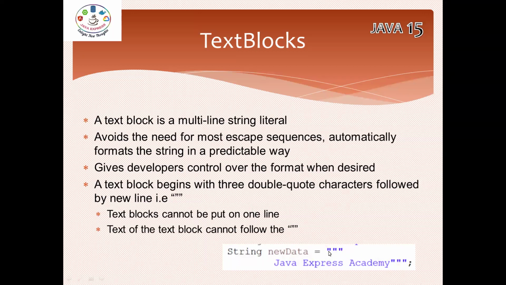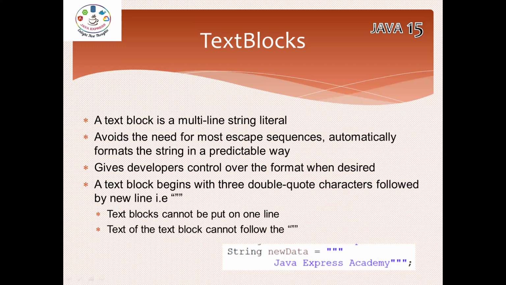The first line should be the three double quotes, and the second line followed by your content and ending with three double quotes. This is the valid syntax. If you try to write it in a single line, you will get a compile time exception.